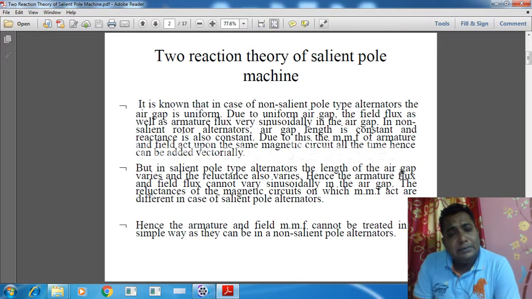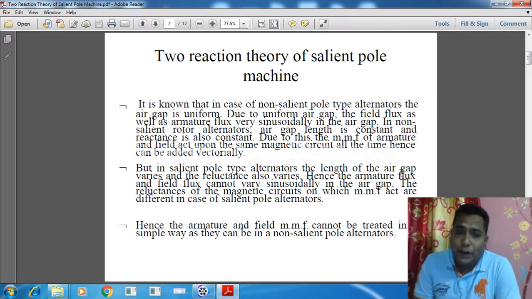But in salient pole alternators, the length of the air gap is not uniform, it varies, and as the length of the air gap is not uniform, its reluctance also varies. Hence the armature flux and the field flux cannot vary sinusoidally in the air gap.